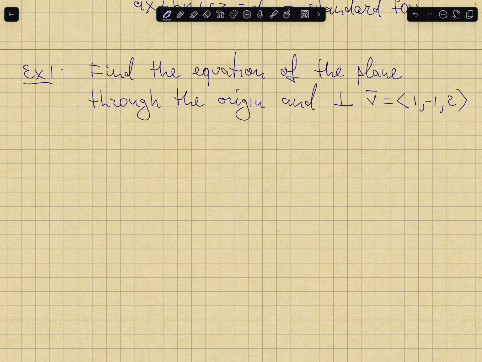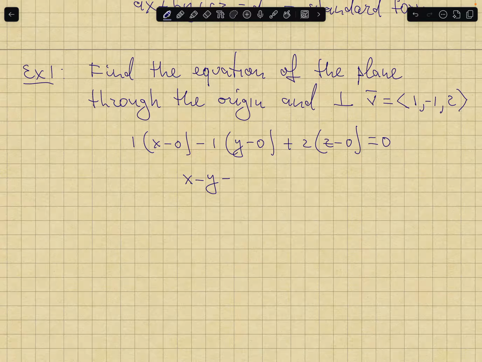And so what we have is 1 times x minus 0, minus 1 times y minus 0, plus 2 times z minus 0, equal to 0. And this can be simplified to x minus y plus 2z equals 0. Okay? So that is fairly easy.